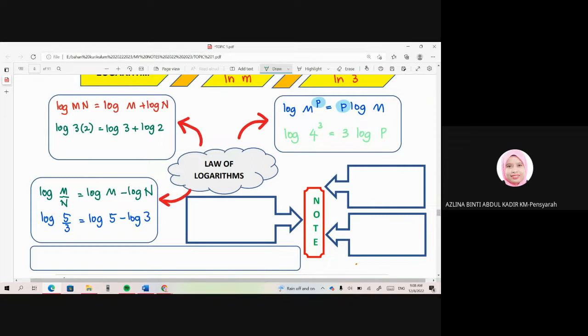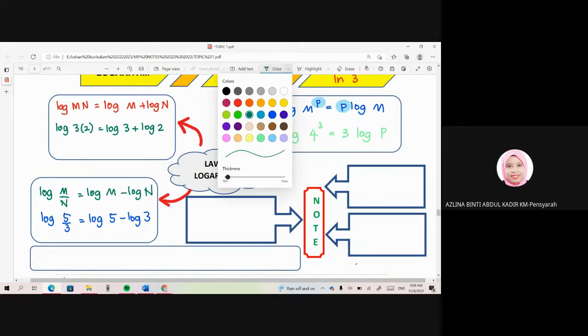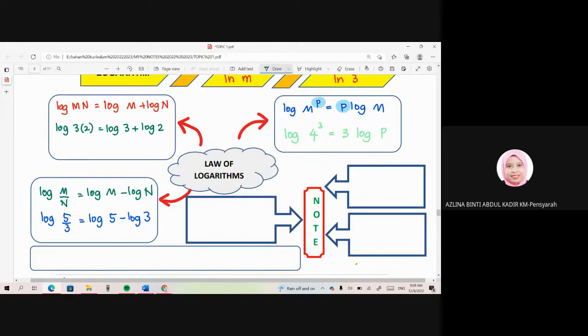Okay, so you must remember the basic laws of logarithm to solve any type of logarithm questions. And then you must remember this one: log of m plus n is not equal to log m plus log n.